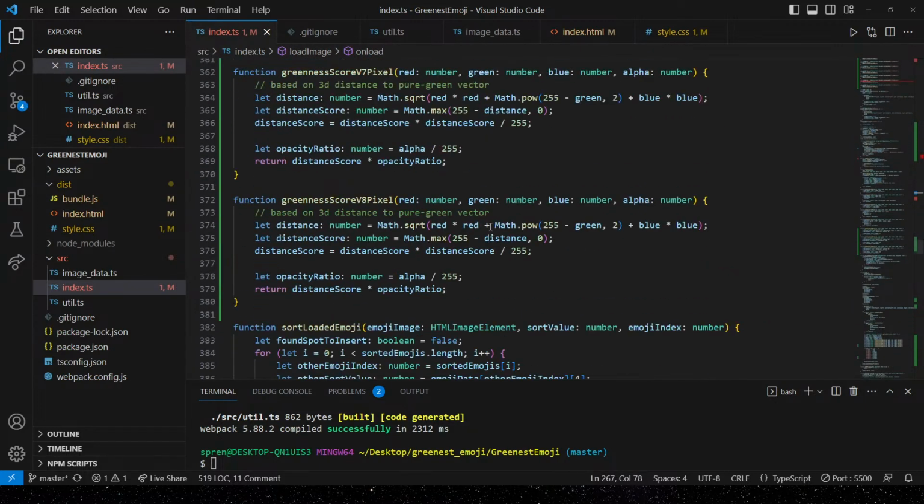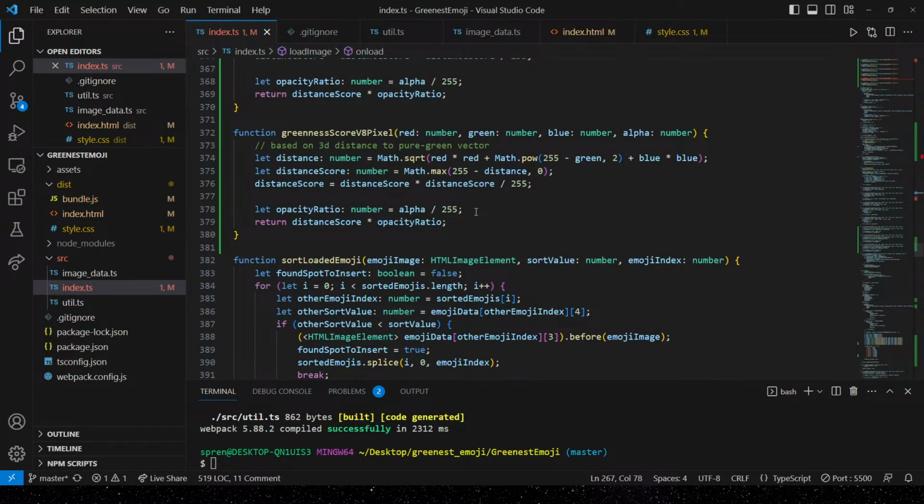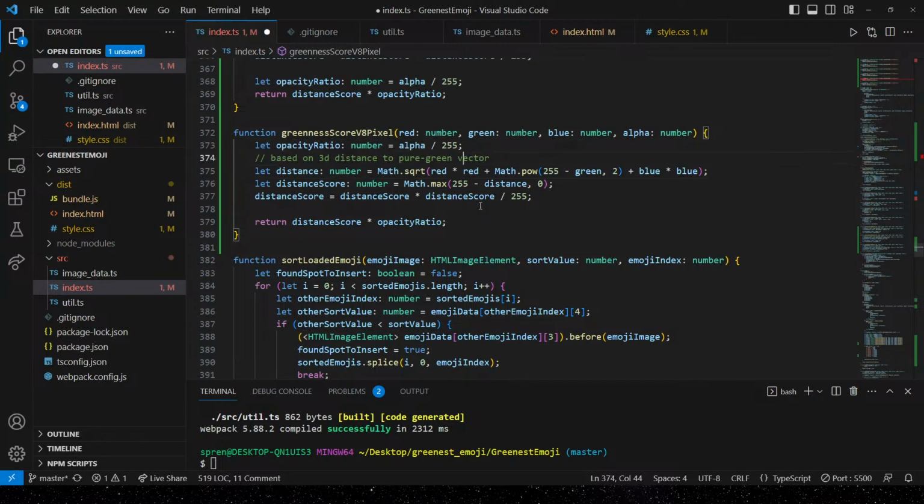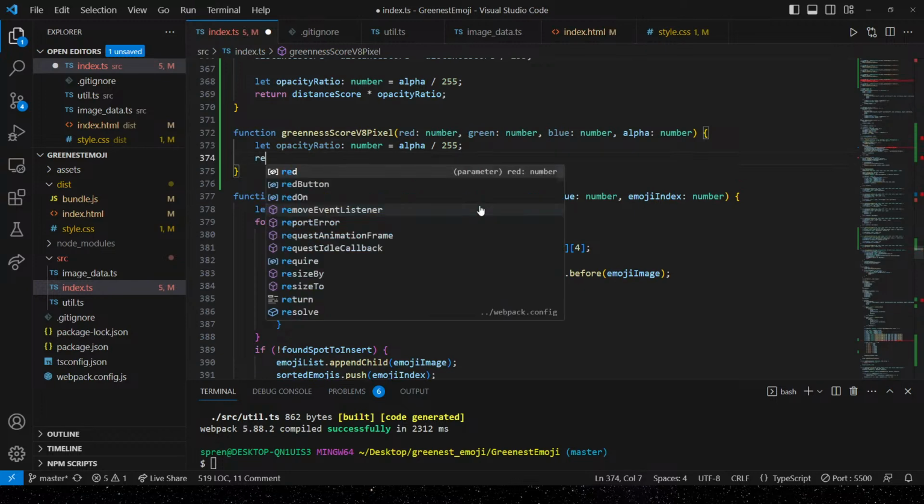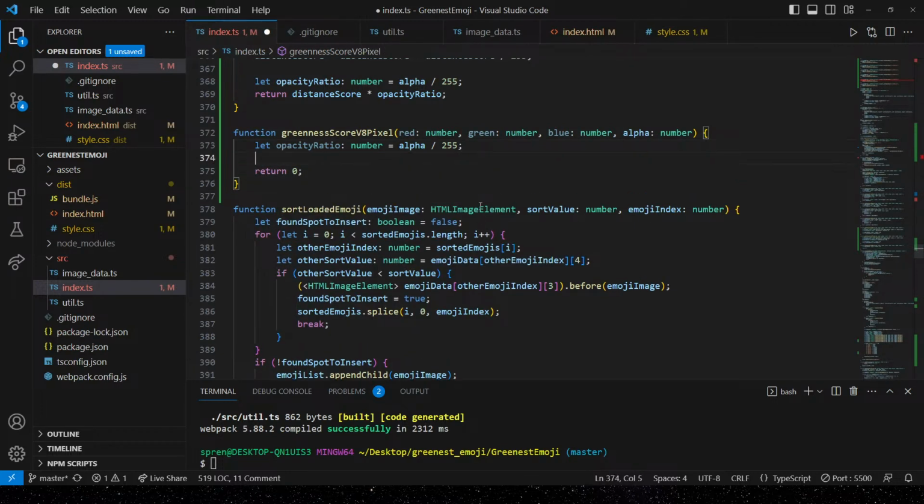All right. Here we go. All right, boilerplate is done. Let's decide what we want to do with it. So my theory is that hue is the best one-dimensional measure you can use to indicate greenness.